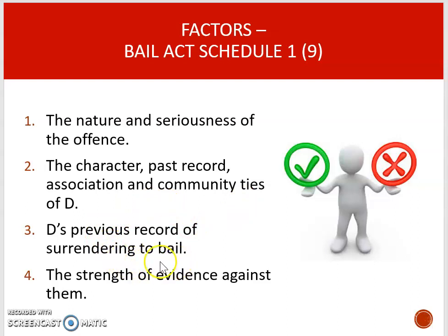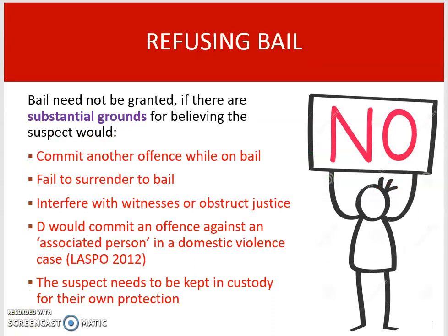So that means if they've ever been given bail before, did they comply with it? Did they turn up at court when they were supposed to? And the court will also consider the strength of evidence against the defendant as well. And it's kind of like a balance, a weighing up of all of these different factors.